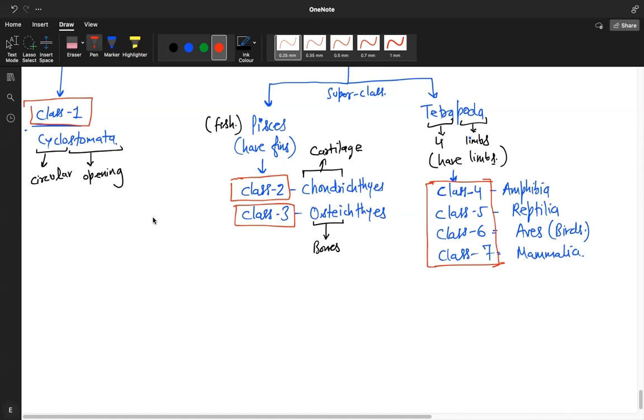Okay, great. So please open your NCERT and come to page number. Which one is that? 56. Okay. Page number 56. Yes, sir.